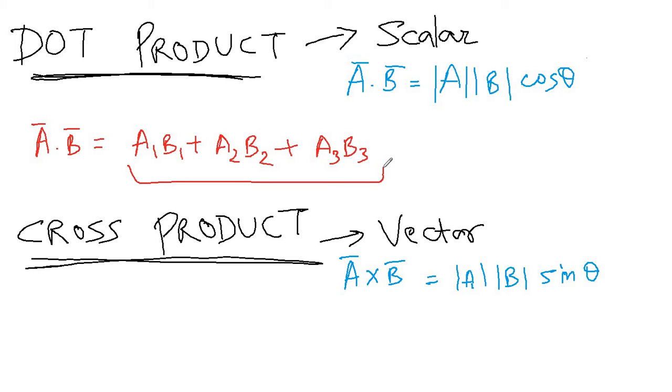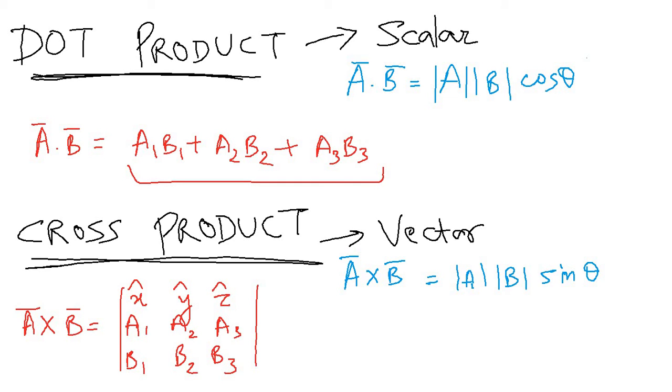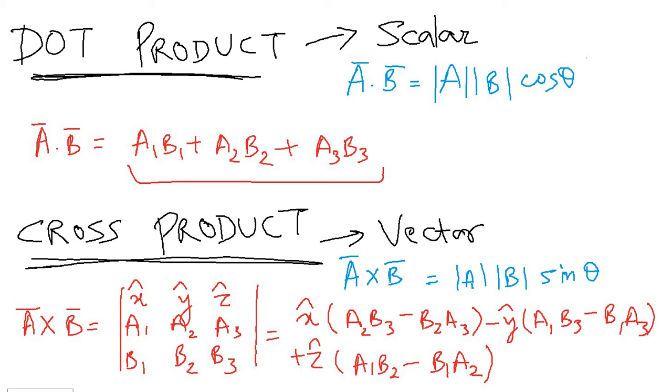Similarly, if you have components for these vectors a and b, then the cross product becomes something like this. Now I like to use this determinant form because this makes things quite simple, because the ultimate formula, which is this, is actually very hard to remember.